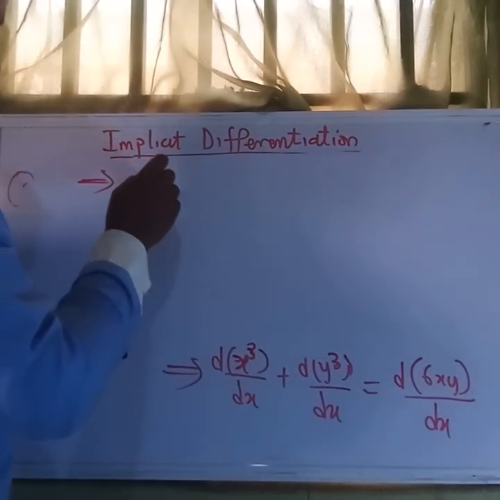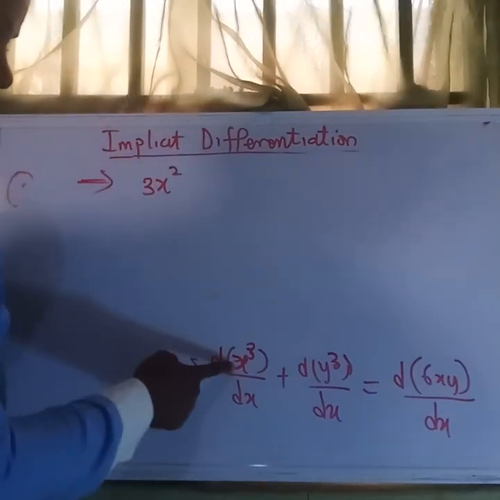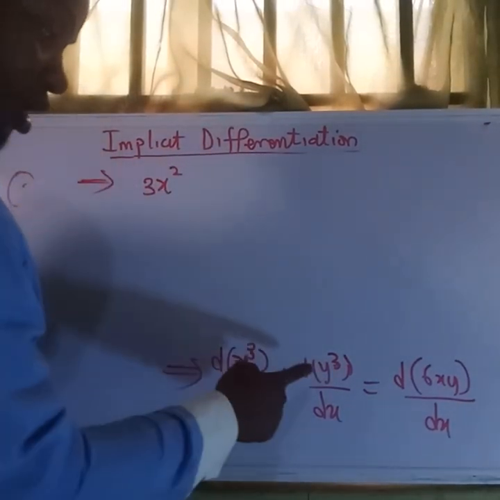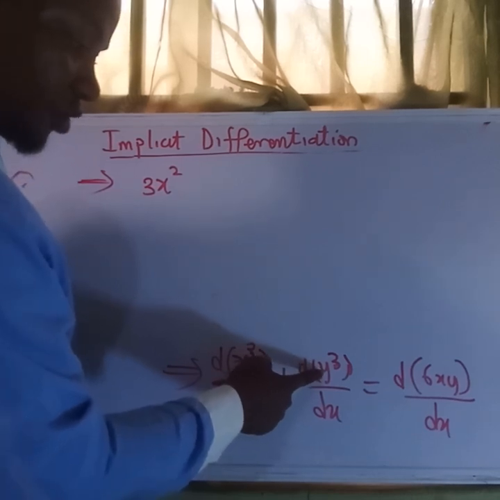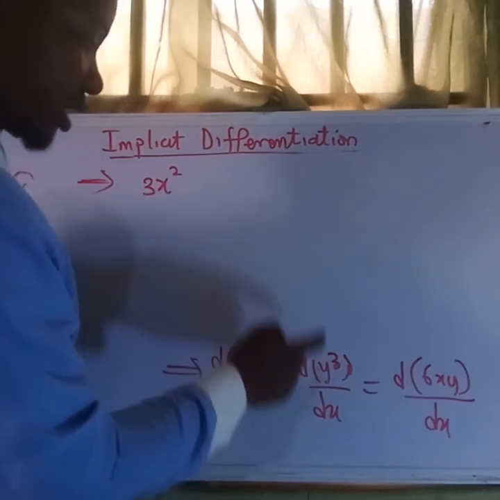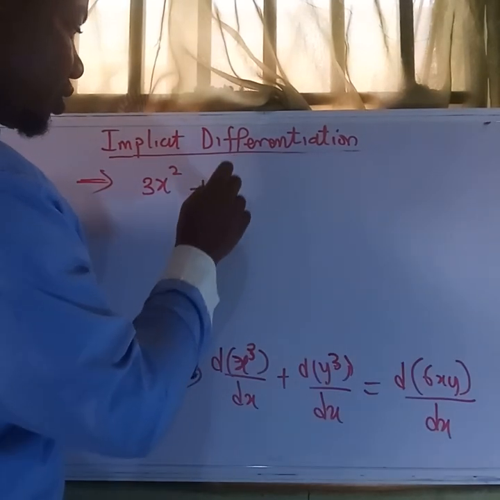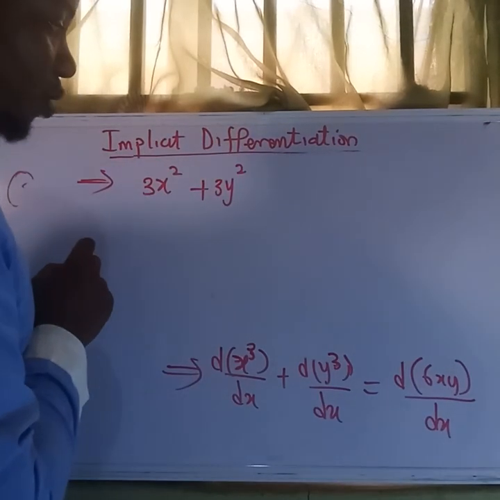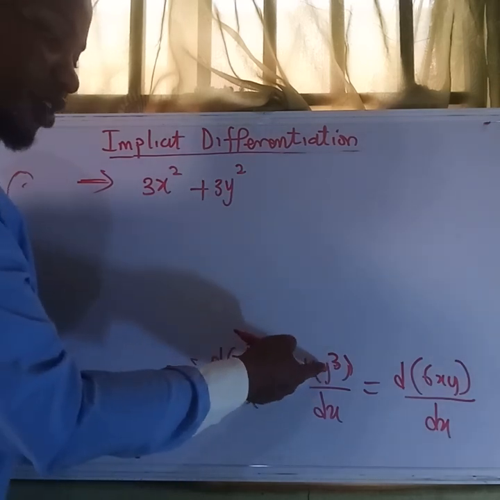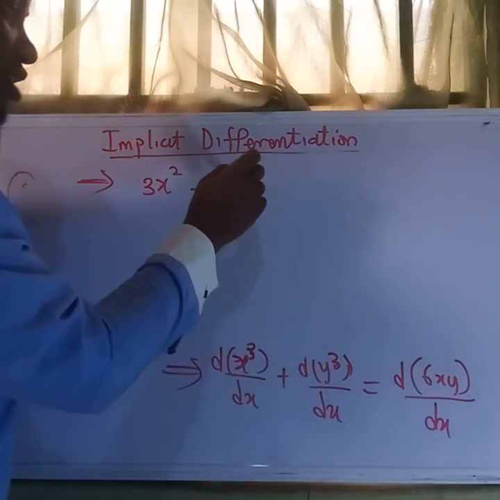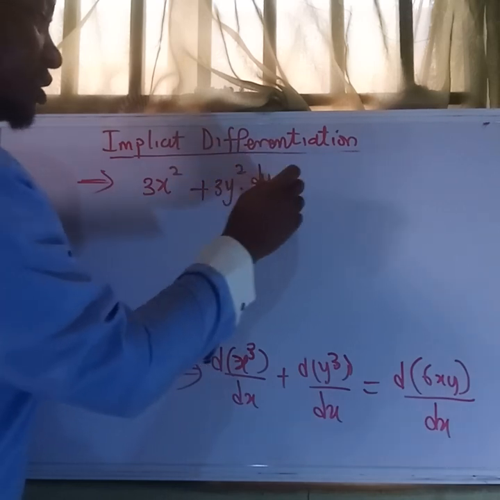This is 3x squared. Here we apply the chain rule and the power rule. First of all, we apply the power rule that says 3 will come down, then we remove 1 from the power, and that's 3y squared. Then, since y is a function of x, we differentiate y with respect to x and multiply it to this term, and that will be dy/dx.